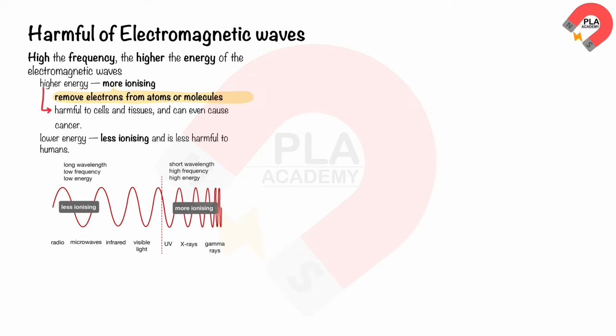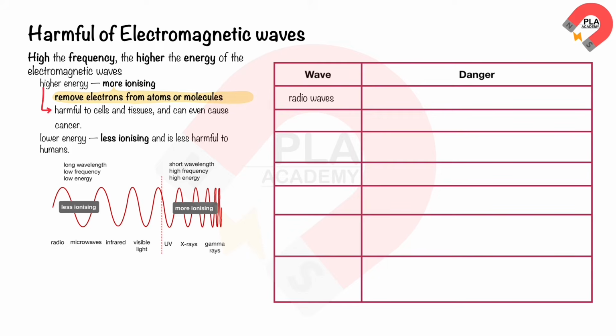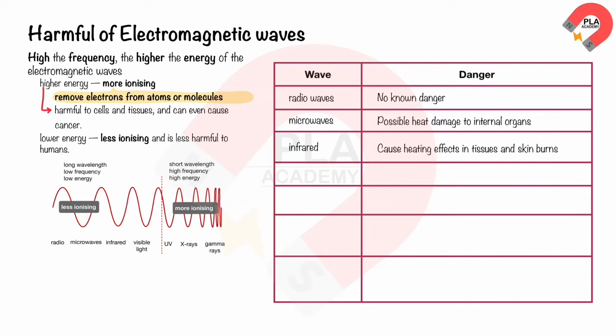Beyond the visible part of the spectrum, the energy becomes large enough to ionize atoms. The main risks associated with electromagnetic waves are summarized as: radio waves, no known danger; microwaves, possible heat damage to internal organs, when the water molecules in the body absorb microwaves strongly; infrared, infrared can cause heating effects in tissues, meaning it can also cause skin burns, but it is less likely to cause internal damage than microwaves.